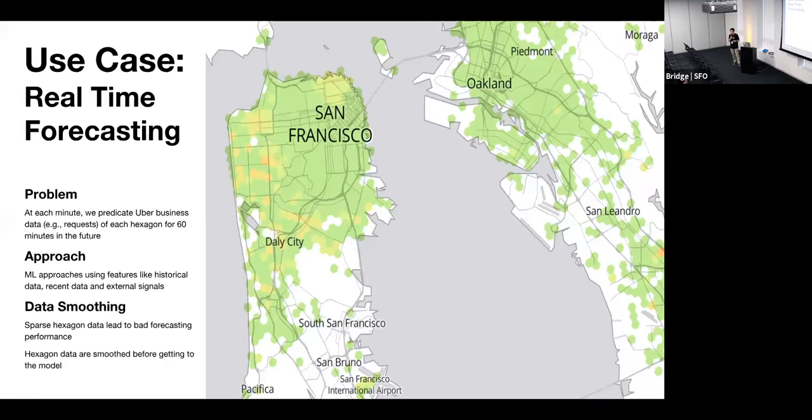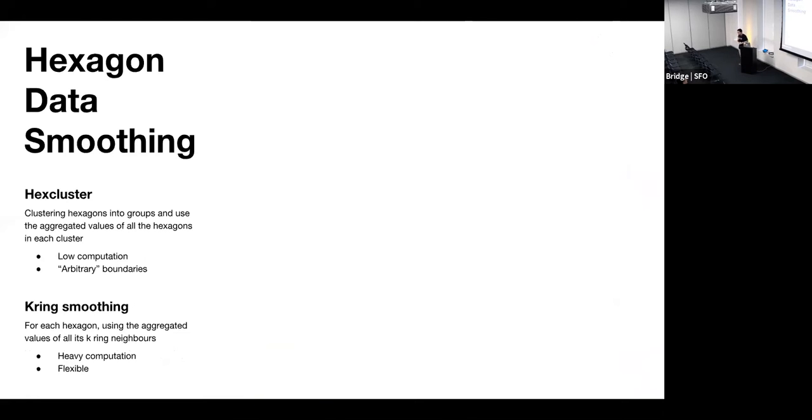As a result, one solution we have been taking is to smooth the data. The basic idea is how we can use the data and information from neighbor Hexagons to inform the current value of the Hexagon, so that we can use them for building the prediction model. Generally there are two approaches for data smoothing.